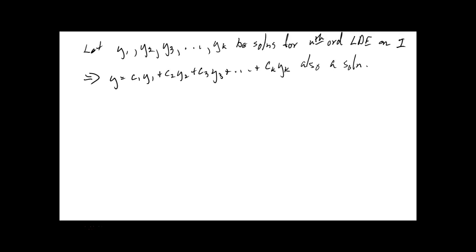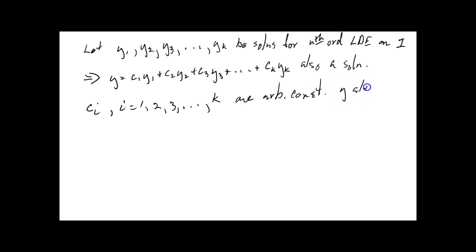Now this is true where, introducing a new subscript, C sub I, where I is 1, 2, 3, dot, dot, dot, up to k, obviously only goes there, are arbitrary constants. Not fixed constants, arbitrary constants. And that makes y also a solution.